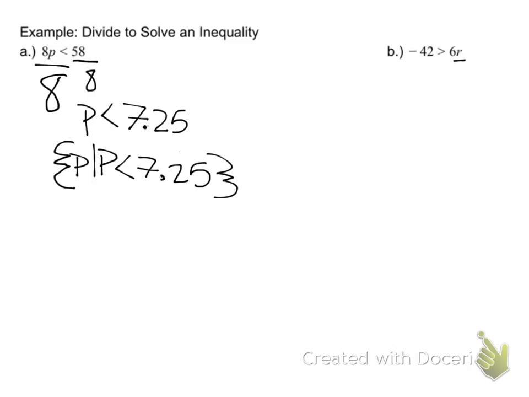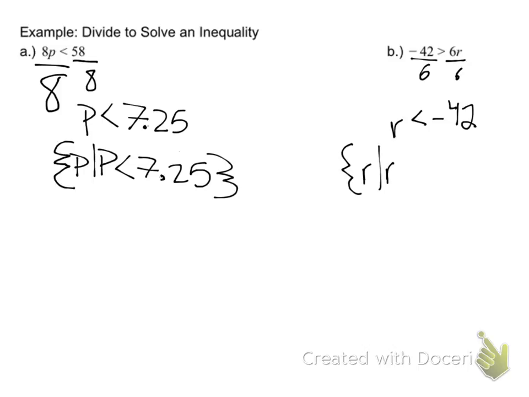Alright, first you want to divide by 6 on both sides. R is less than negative 42. And then because the 42 is negative, do you switch the inequality?